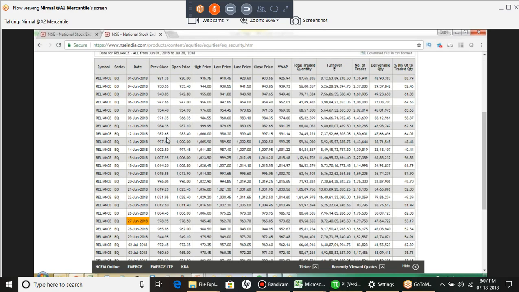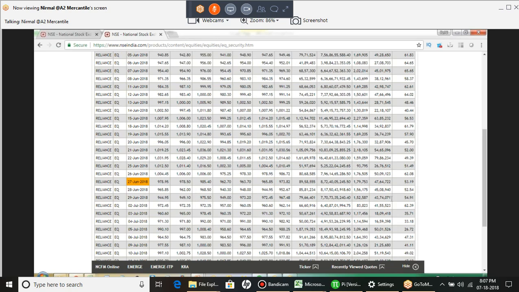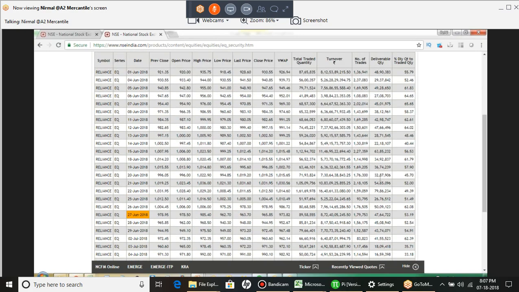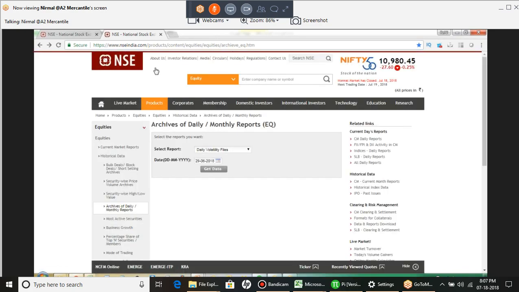Okay. Now let's look at Reliance. If we look at only this particular section of last month, I see that there is something like a 79 lakh kind of a volume over here. Oops, what happened?